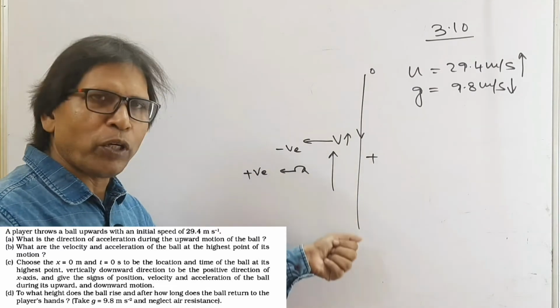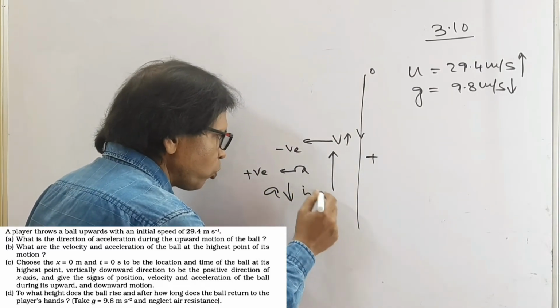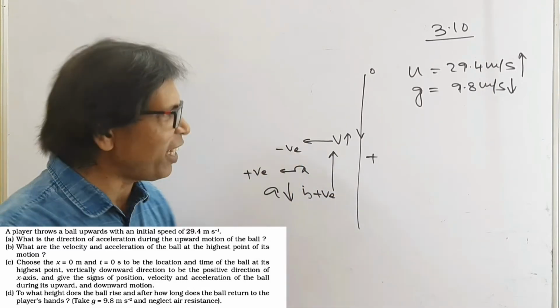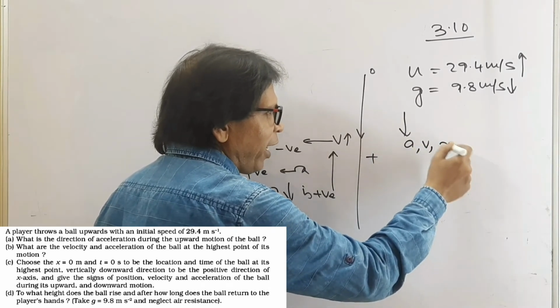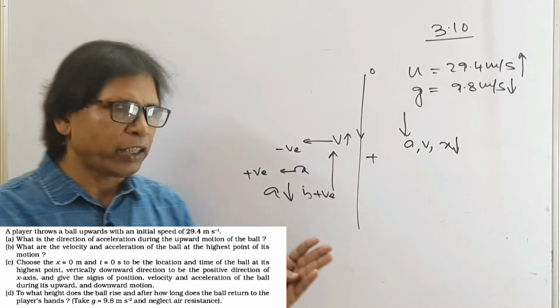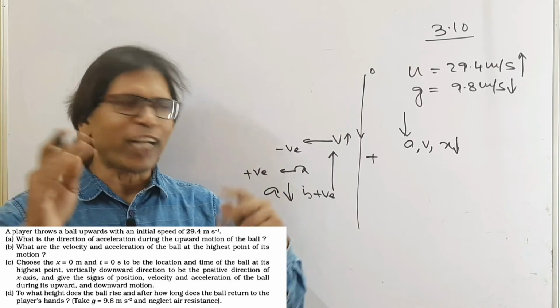Acceleration is in the downward direction, this is also positive. During upward motion and during downward motion, all are positive: a positive, v positive and x also positive. Understood?